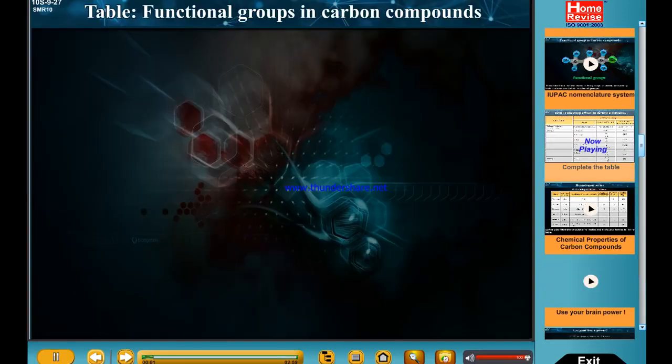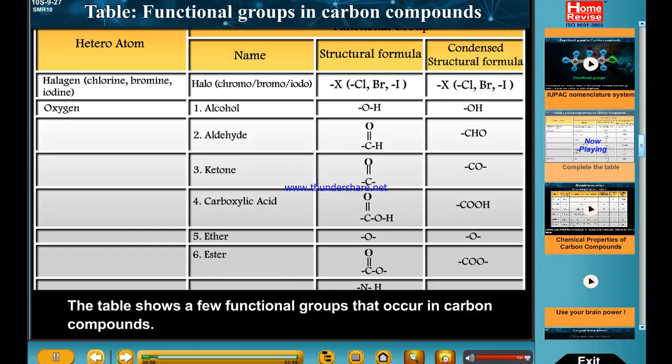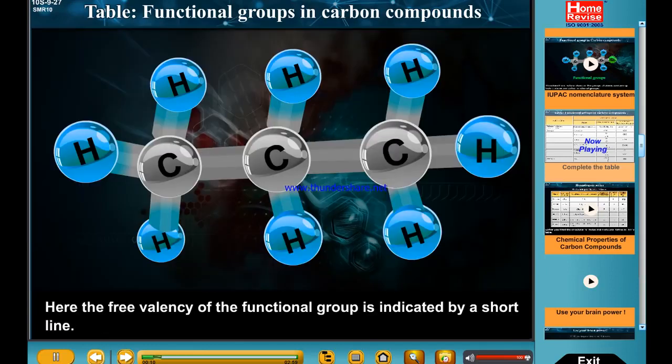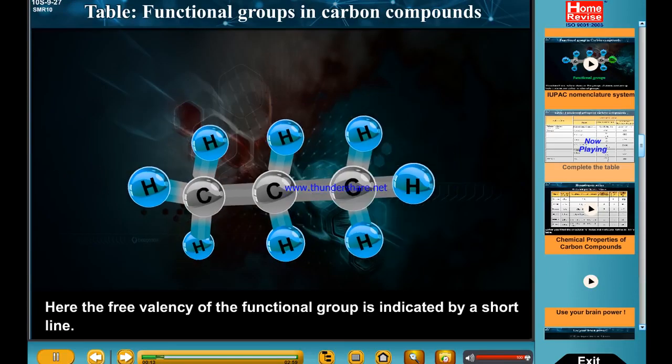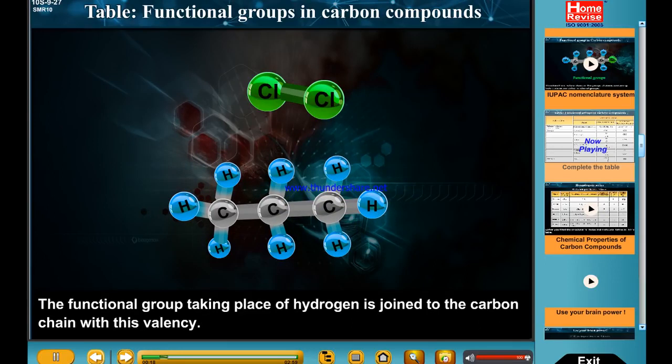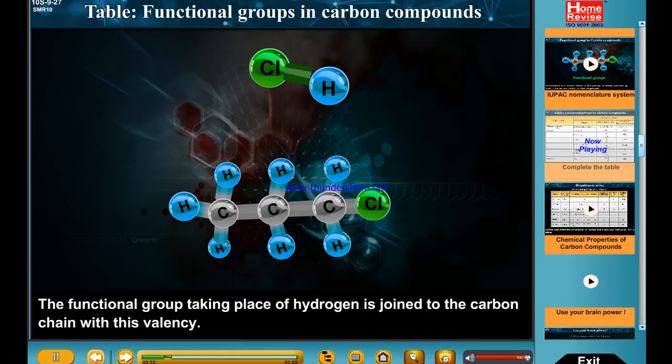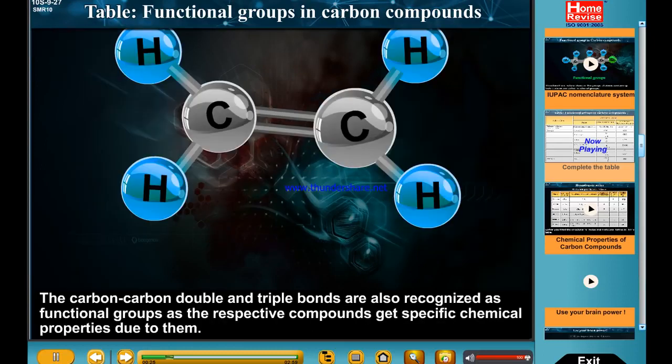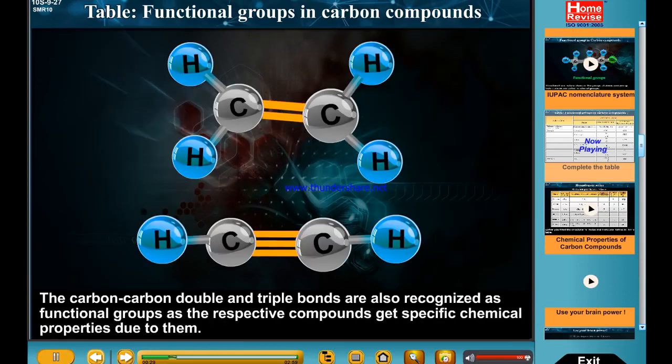Table: Functional groups in carbon compounds. The table shows a few functional groups that occur in carbon compounds. Here, the free valency of the functional groups is indicated by a short line. The functional group taking the place of hydrogen is joined to the carbon chain with its valency. The carbon-carbon double and triple bonds are also recognized as functional groups as the respective compounds get specific chemical properties due to them.